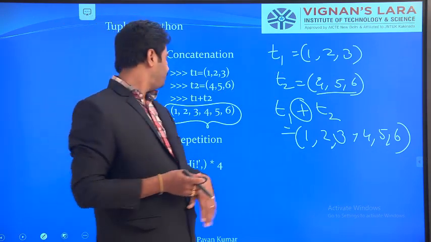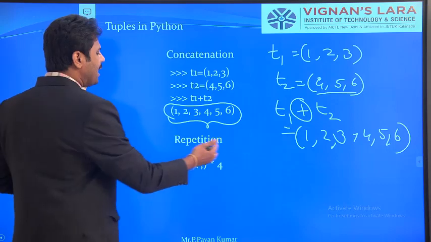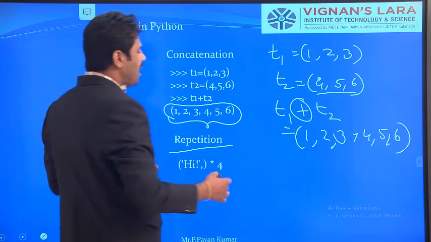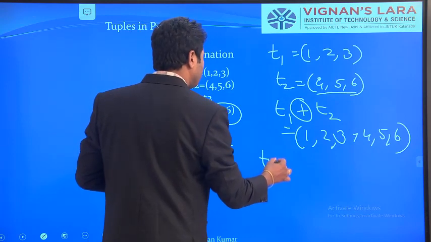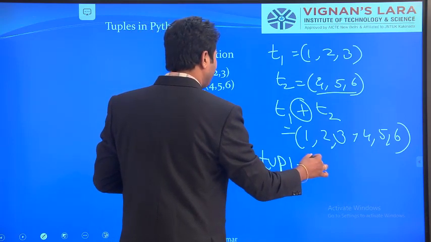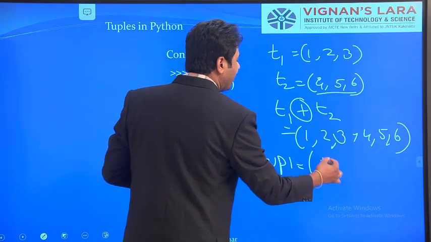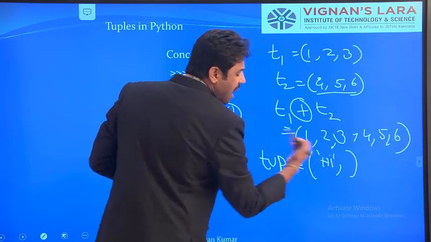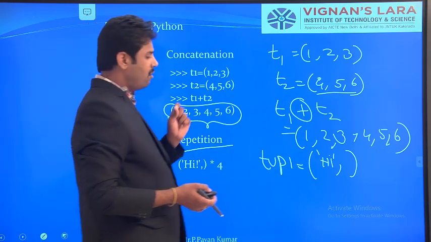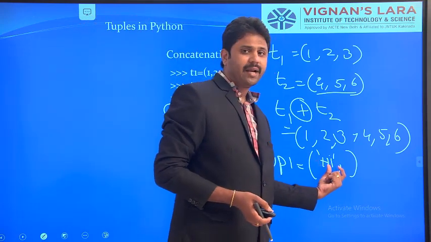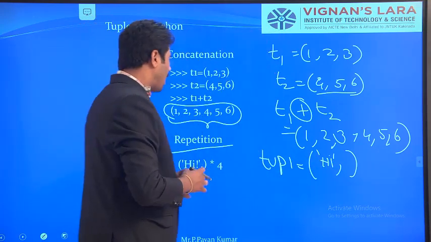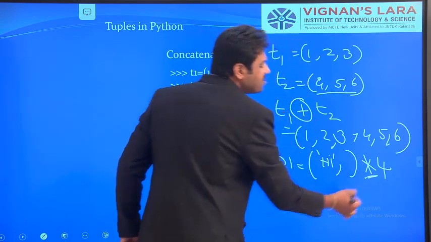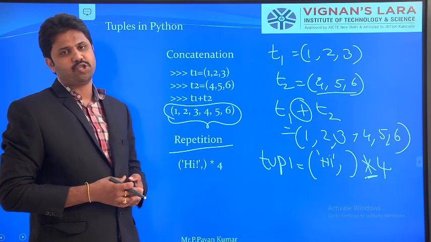That's all. Next one, repetition. For example, I have a tuple T1. I have a statement like T1 equals hi, comma. You must use a comma if you have a single data item in your tuple. If I write star 4, what is star? Star says multiplication.